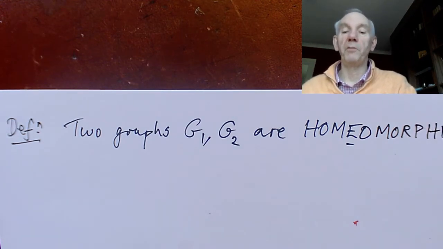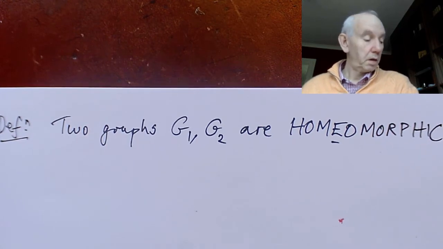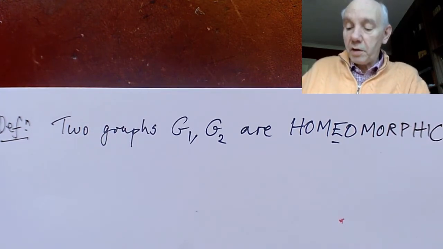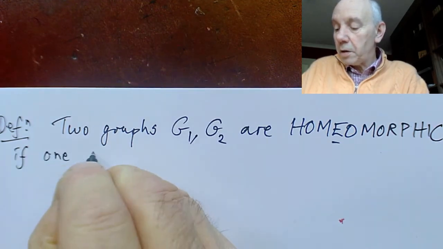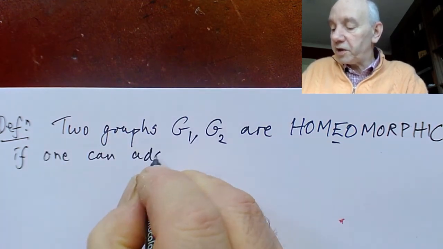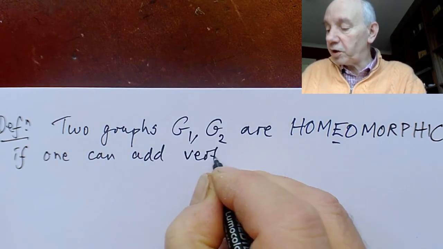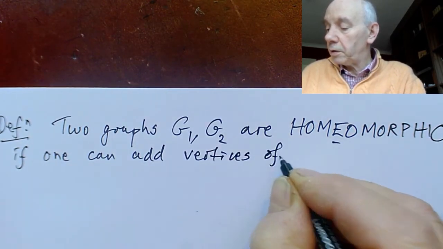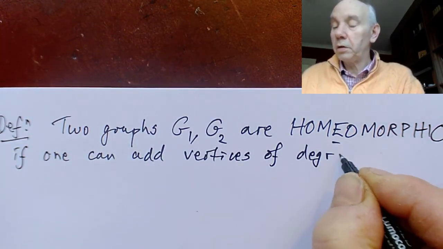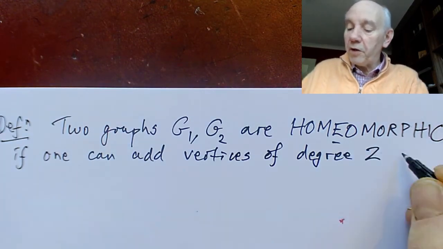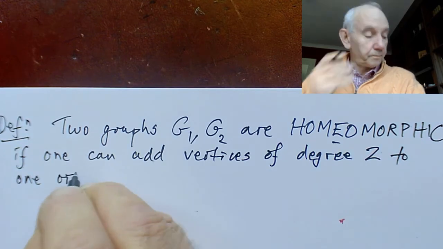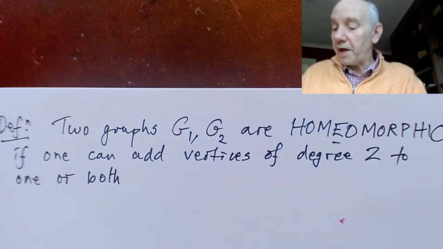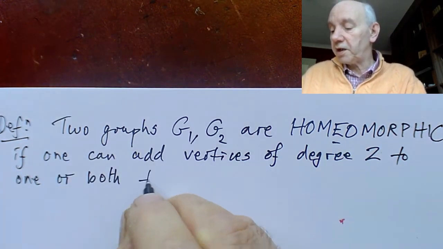Two graphs are homeomorphic if one can add vertices of degree 2 only to one or both graphs to obtain 2 graphs that are isomorphic.